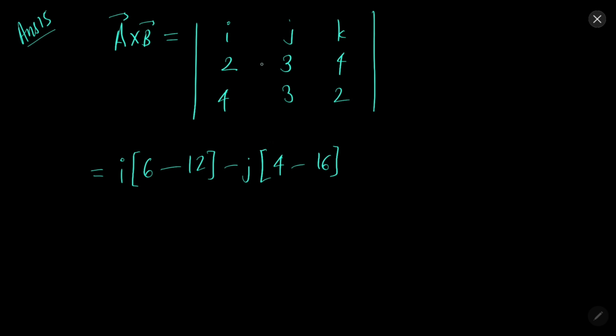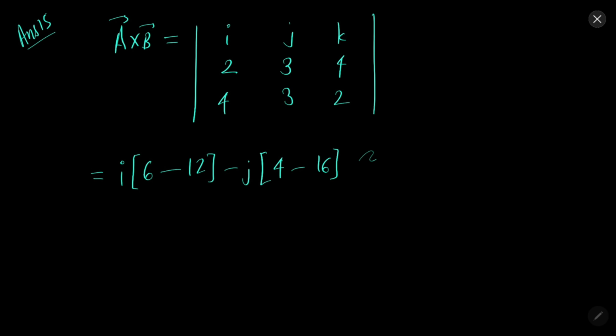So this part. Then lastly for k, again take plus, so plus minus plus alternatively. So again remove the k part, and you will have 2 into 3 and 4 into 3.